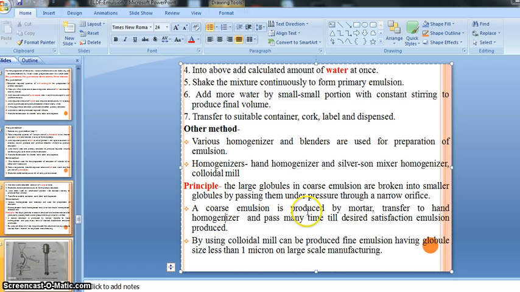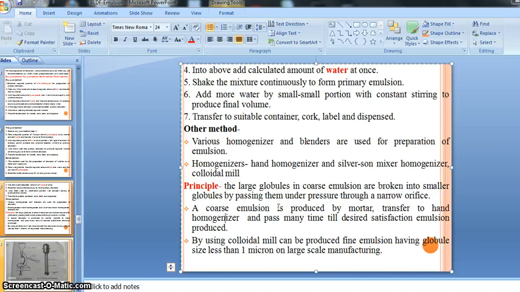A coarse emulsion is produced by a motor, transferred to the hand homogenizer, and passed many times until the desired satisfactory emulsion is produced. By using the colloidal mill we can produce a fine emulsion having a globule size less than 1 micron in large scale manufacturing, right? We can reduce the globule size by repeating the process.